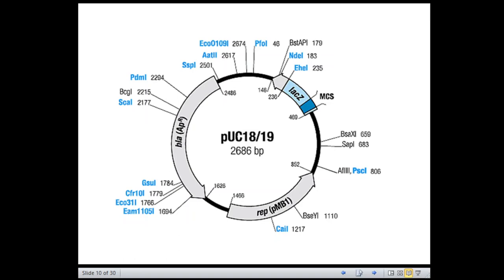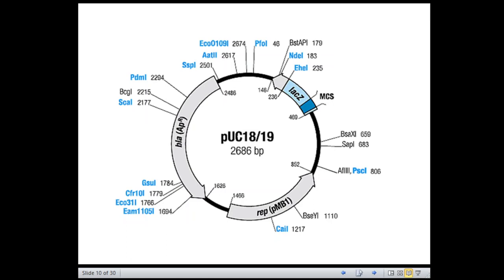Now here the inducer is IPTG, that is isopropyl beta D thiogalactopyranoside. So in its presence, it causes the enzyme beta galactosidase to be produced.